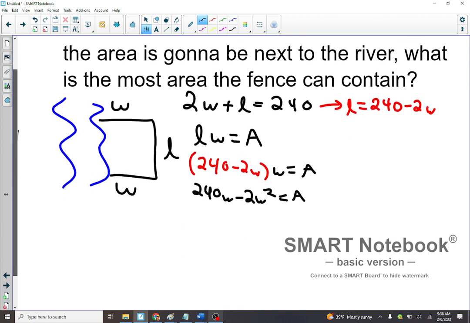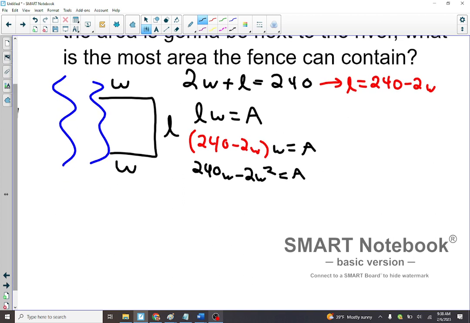From there, we're going to derive first. So 240 minus 4W equals the derivative of the area. The derivative of area I care about is 0. Solve for W. A little bit of algebra will show you that's going to be 60.